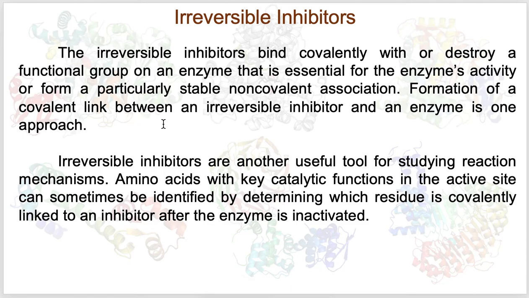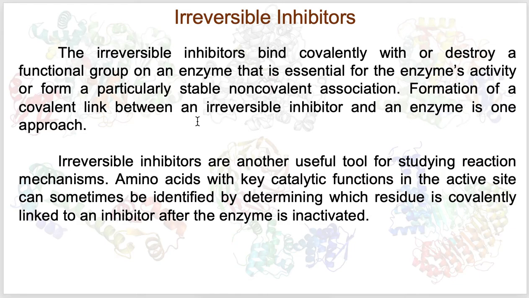That means the irreversible inhibitors either bind covalently with the enzyme and destroy a group of the enzyme which is important for its enzymatic activity, or they can form a stable non-covalent association with the enzyme. Okay, and formation of a covalent link between an irreversible inhibitor and an enzyme is one approach.